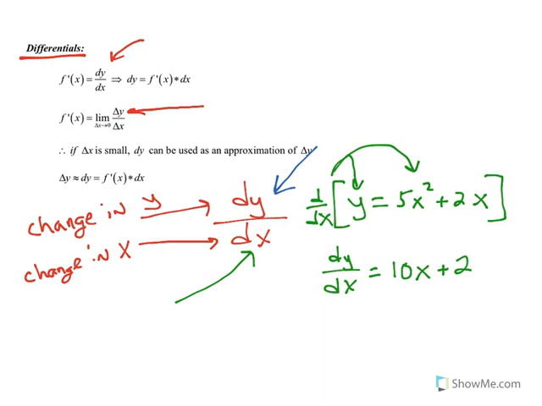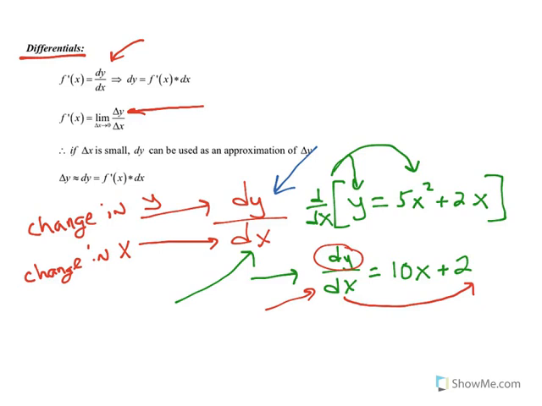And if we left it in this form, then if we put a number in for x, it would basically be calculating the slope, dy over dx. But if we were only interested in how the y was changing, when we knew how the x was going to change, we could rewrite this equation. We could multiply both sides by dx and essentially bring our dx over to the other side.